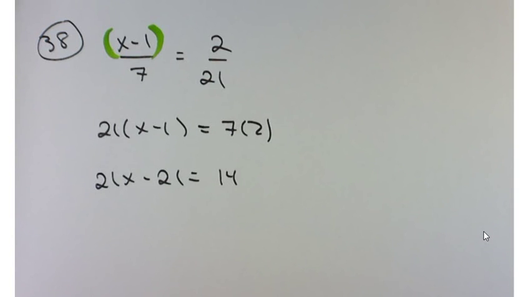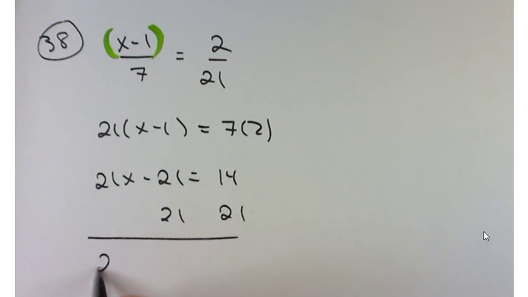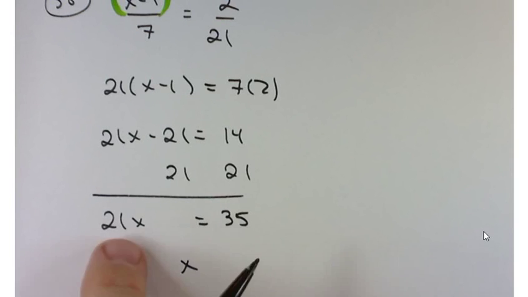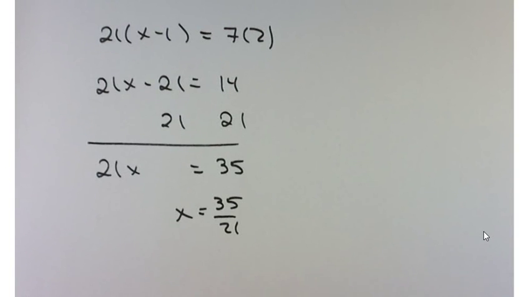And what from there? Add 21 to both sides. Divide both sides by 21. And I hope you don't leave the answer like this. I'd be stuck in a little quandary. I'd be like, yeah, what should I do?